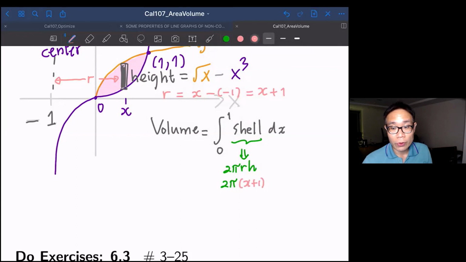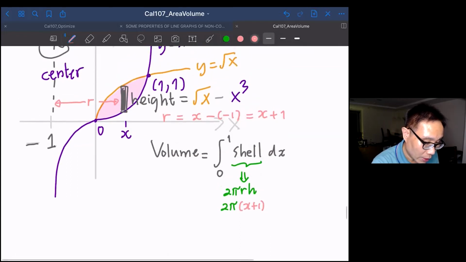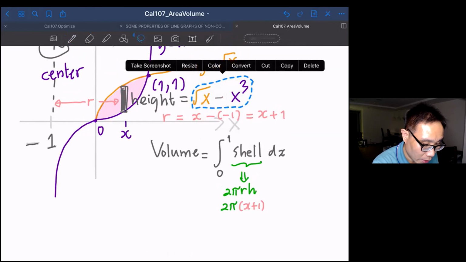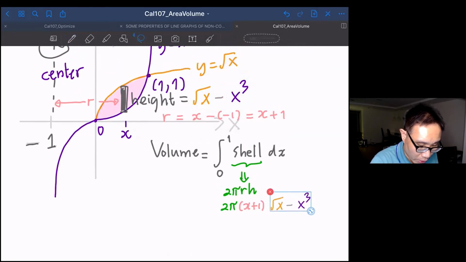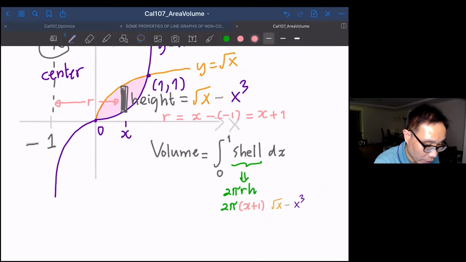And the height will be just these two guys. So I copy, I paste here, I resize this guy a little bit, and I put parentheses.